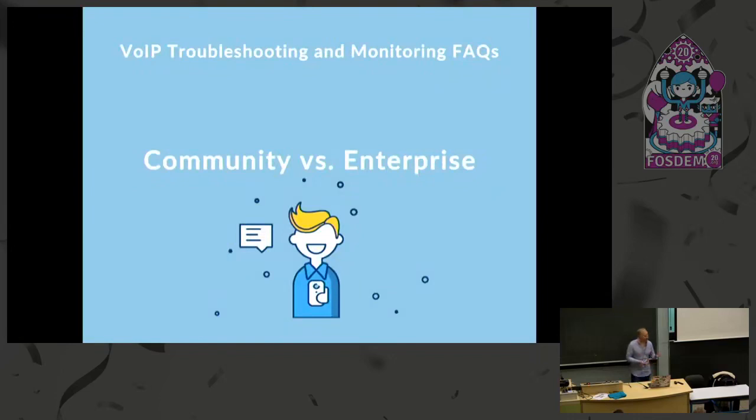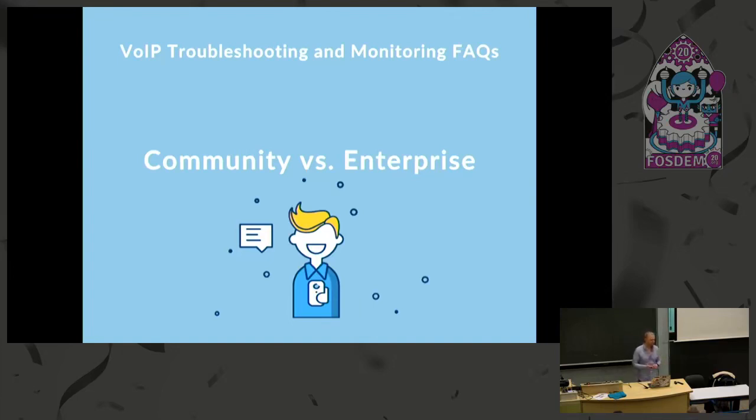So we have not only a free version, we also have an enterprise version, and the next question is, what is the difference between community and enterprise? The first main thing is that in the community version, we don't provide RTP analysis at the moment.